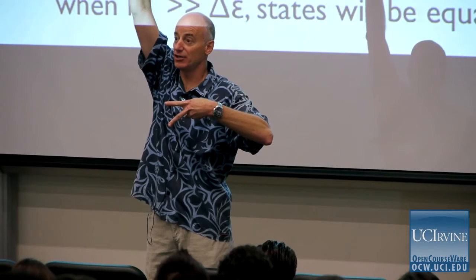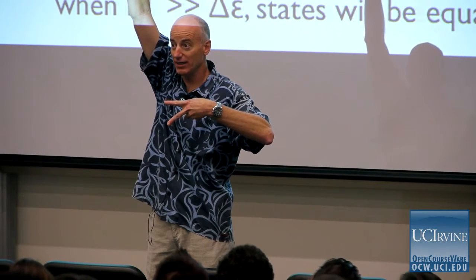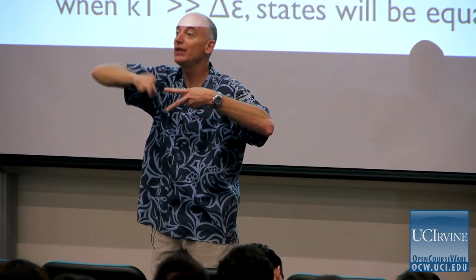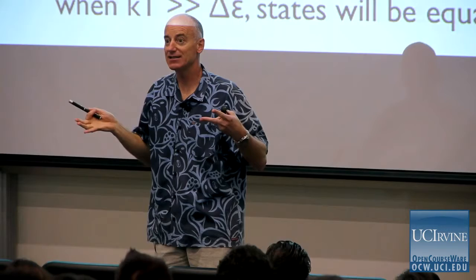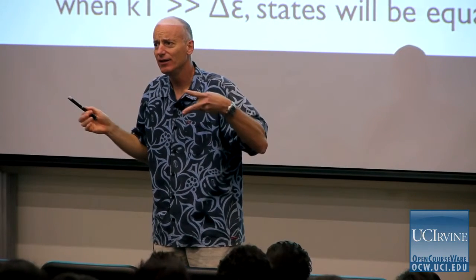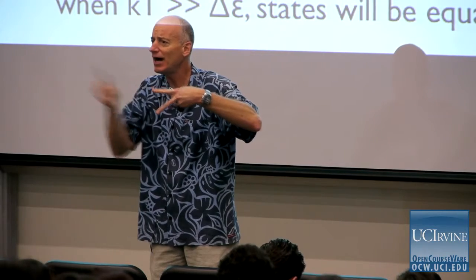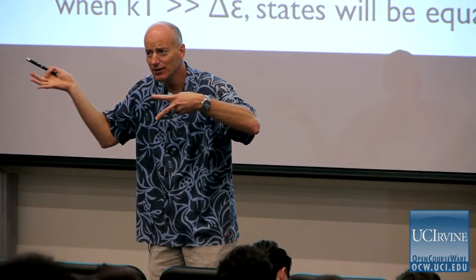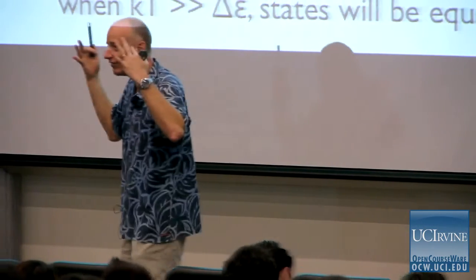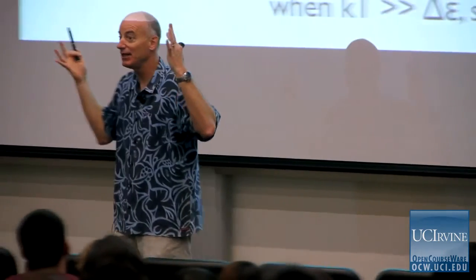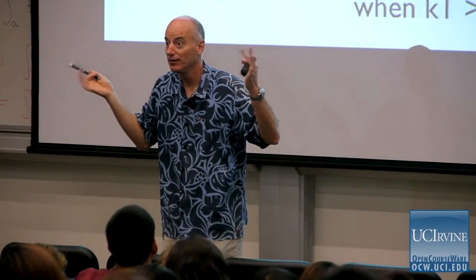That's if the thermal energy of the system is way higher than the energy spacing between them. I think that's already counterintuitive. Wouldn't you expect the excited state to be preferentially occupied at high temperature? To my simple way of thinking about it, that's what makes sense to me, but that's wrong.